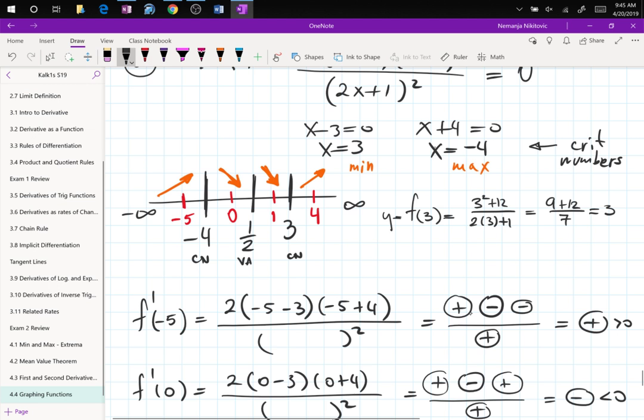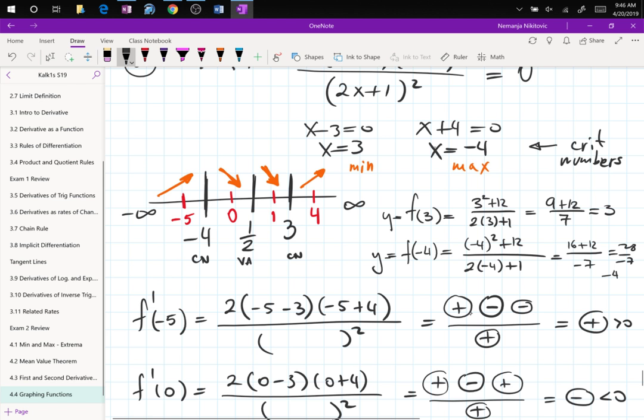So minimum at 3. And y for negative 4 is negative 4 squared plus 12 divided by 2 times negative 4 plus 1. Negative 16 plus 12, divided by negative 4 times 2 is negative 8 plus 1 is negative 7. So this is 28 divided by negative 7, which is negative 4.